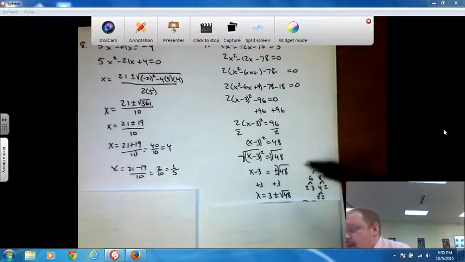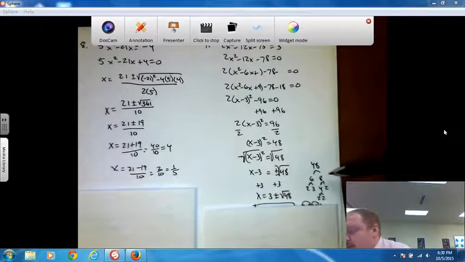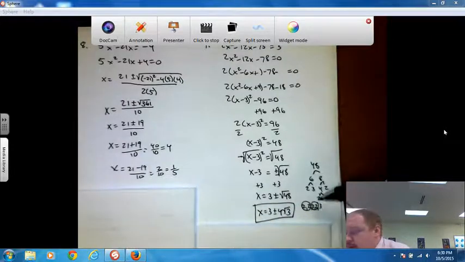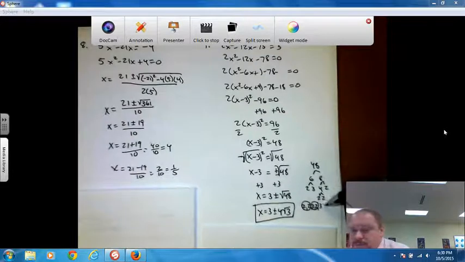Yes, I can add 3 to both sides, and that gives me 3 plus or minus the square root of 48, but I can simplify 48. Okay, using this factor tree as you see over here. And I get 2, 2, 3. So take out a pair of 2's, that gives me 4, and then a 3 left over.